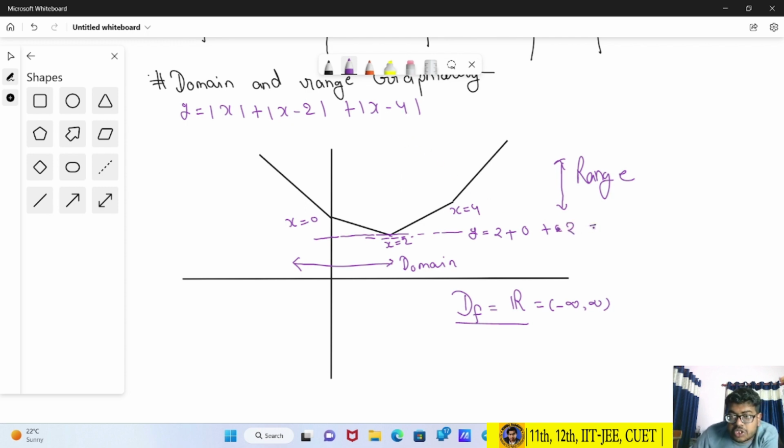So this is 4, so y is equal to 4, so the range of f is equal to 4 to plus infinite. It goes above, so the range of f is equal to 4 to infinite. This is the range.